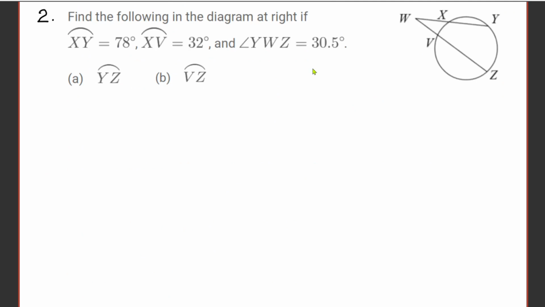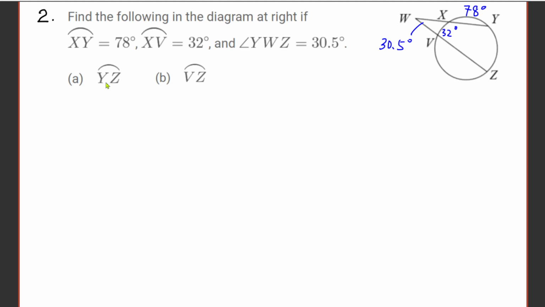Find the following diagram at right, if arc XY is 78 degrees, arc XV is 32 degrees, and angle YWZ is 30.5 degrees.